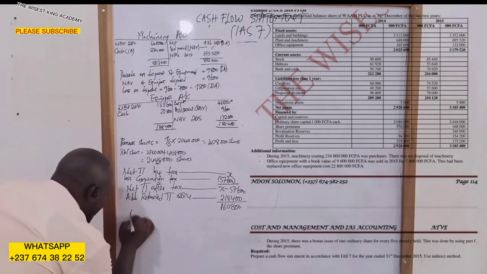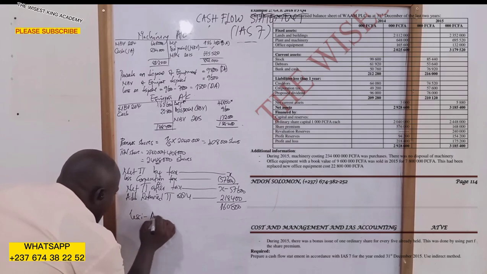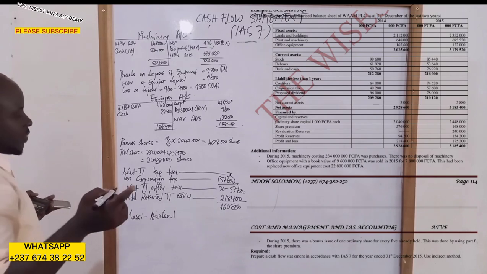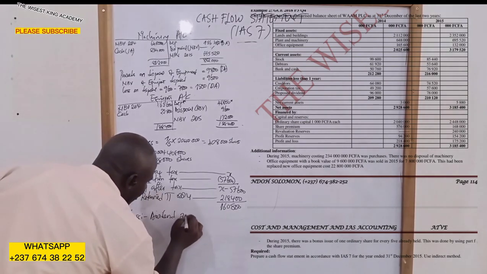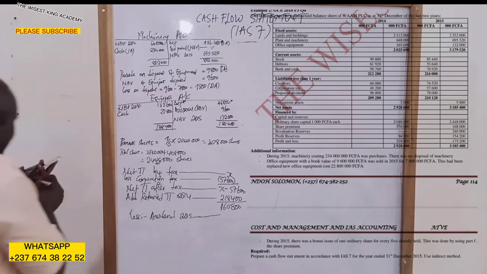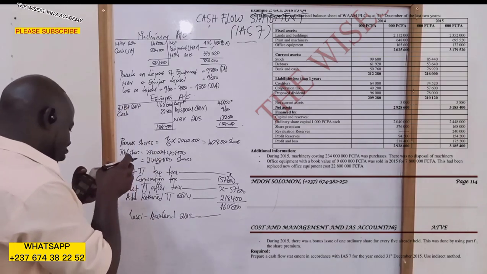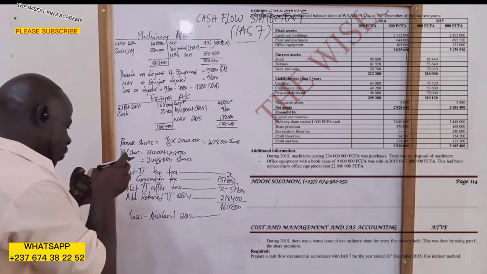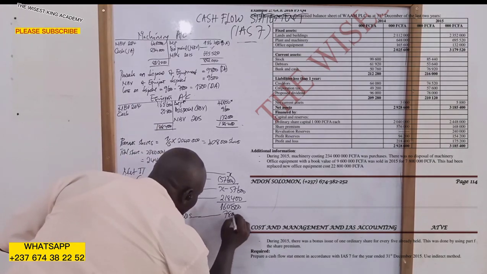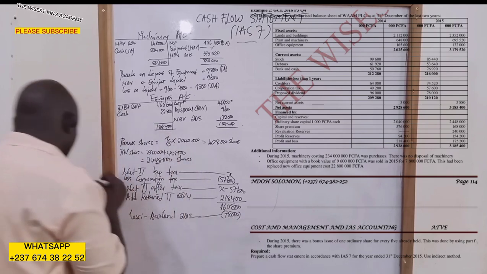160,800. Now we subtract. The first thing is the dividend. The dividend for the period is the dividend for 2015. Dividend for 2015 is actually the proposed dividend, which is 78,000 sharp. And we also have a profit reserve.